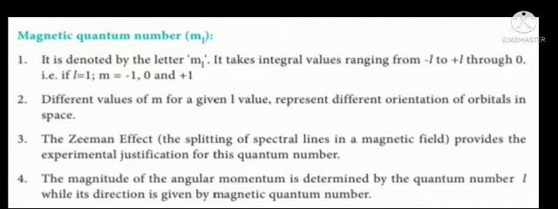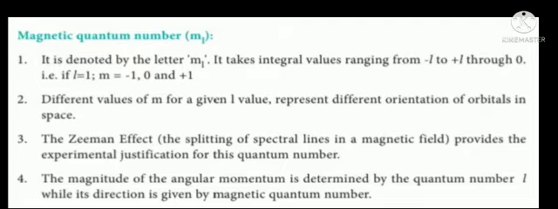Fourth point, the magnitude of the angular momentum is determined by the quantum number L, while its direction is given by magnetic quantum number. Here, the magnitude of the angular momentum is determined by the azimuthal quantum number L, whereas the direction is given by magnetic quantum number m.